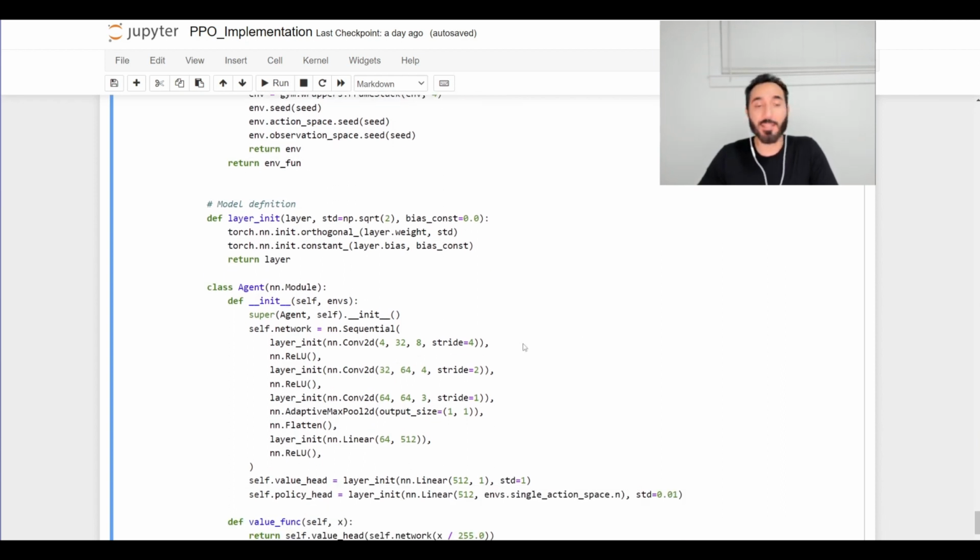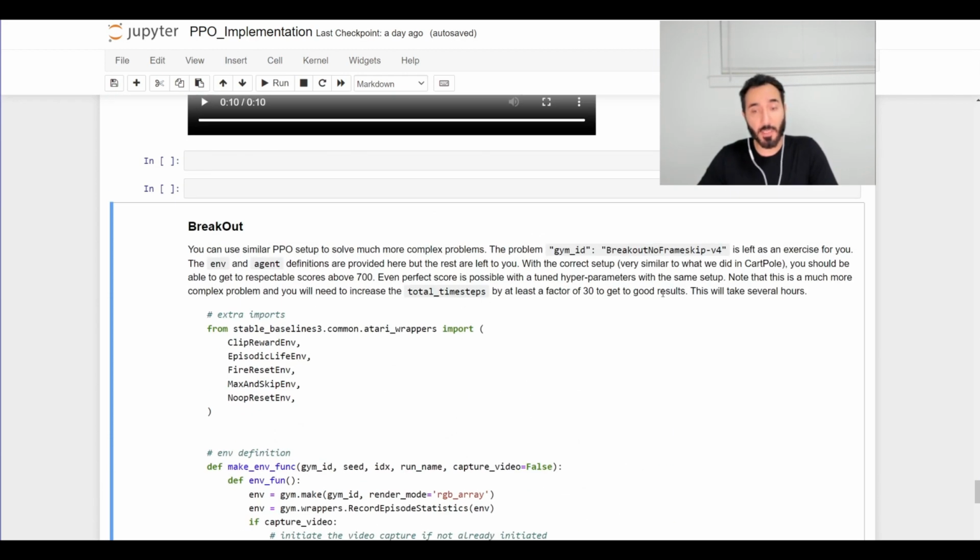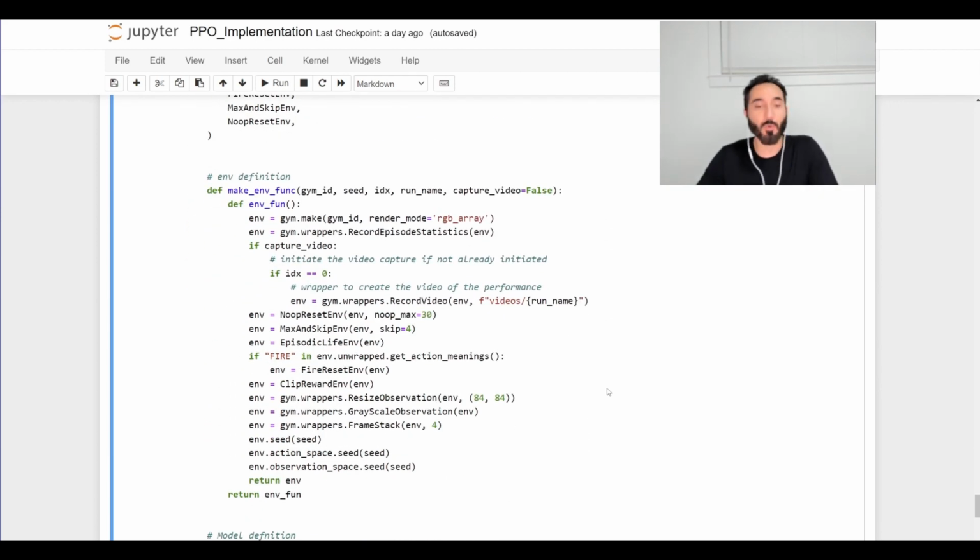But I'm not going to go over the full implementation. I leave that as an exercise to you. I tell you that most of the things that we created in this implementation remain unchanged. Even the hyperparameters, most of them should remain the same. The only thing that you have to change is that you have to increase the total number of steps significantly by a factor of 30 or 20 to get to good results, because this is a much more complex game and will take several hours, in fact, for the model to converge.